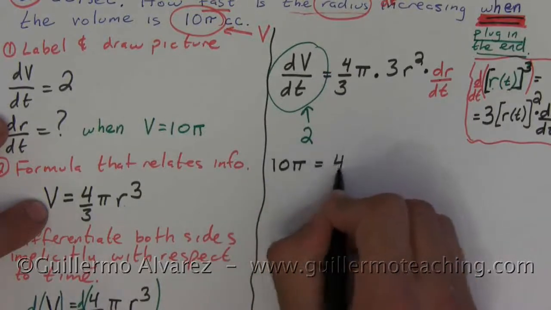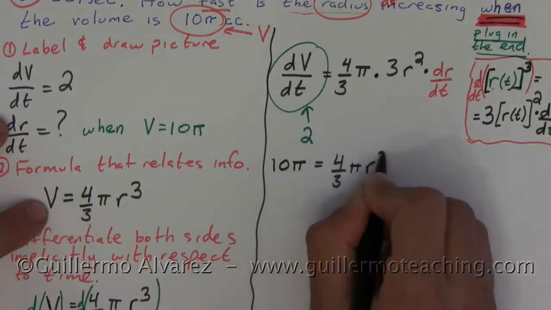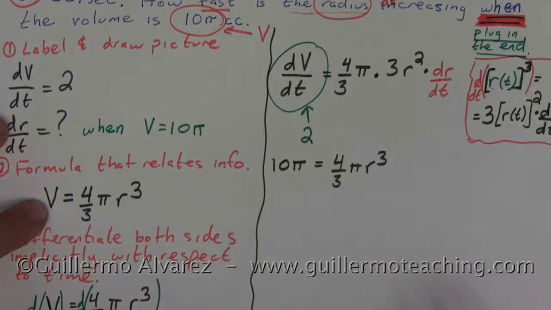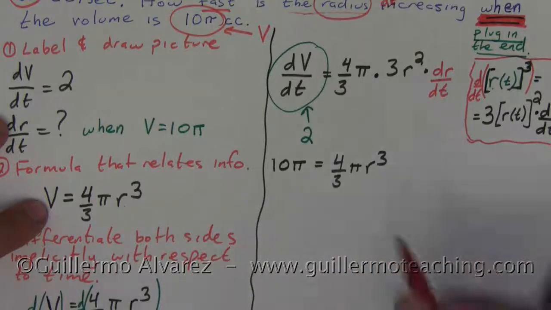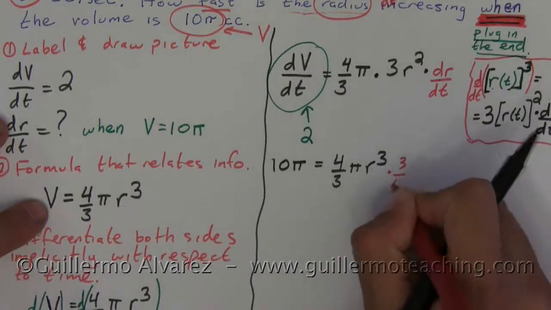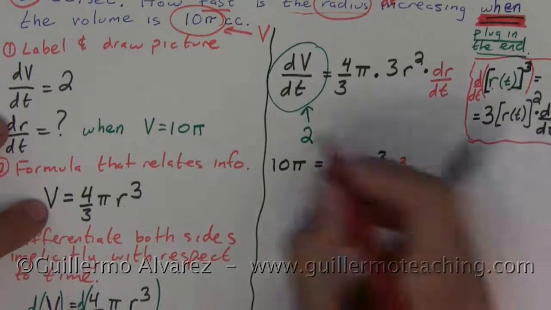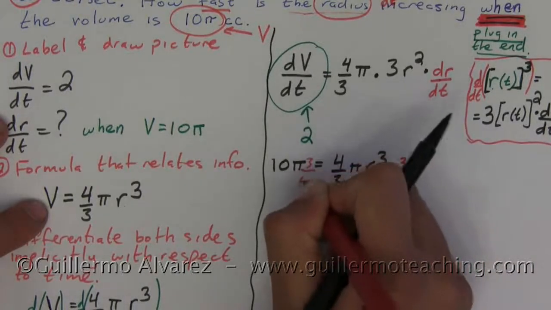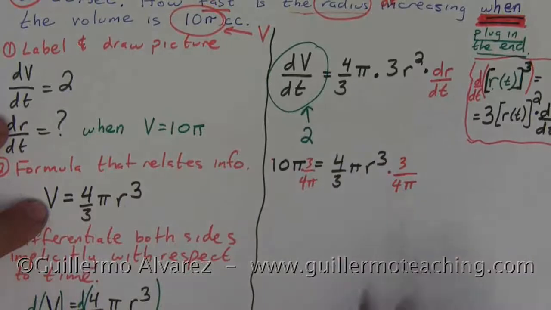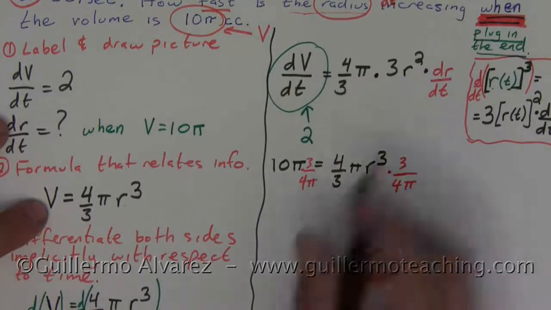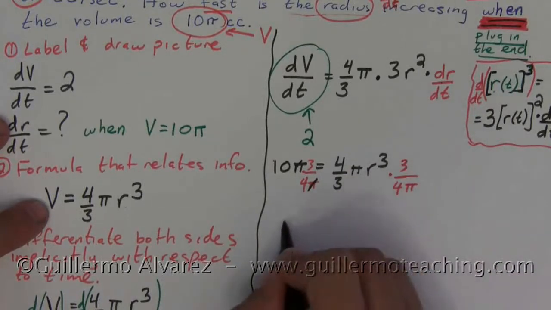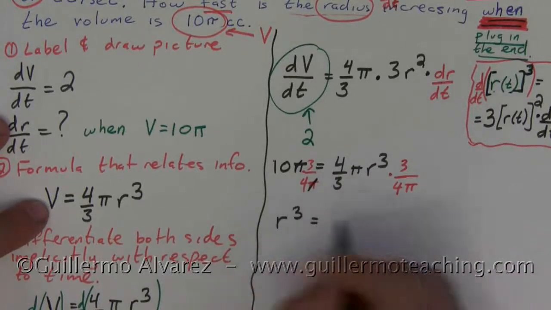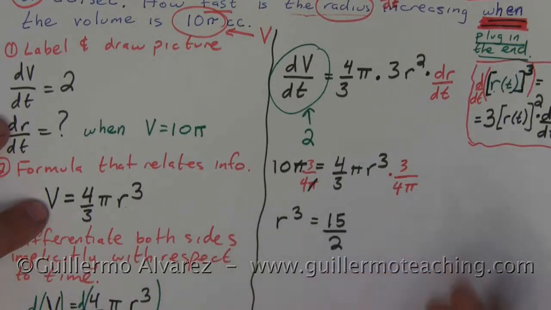So 10 pi is equal to 4/3 pi r cubed. If we multiply both sides by 3 over 4 pi, these pi's would cancel, and we would get that r cubed is equal to 15 over 2.